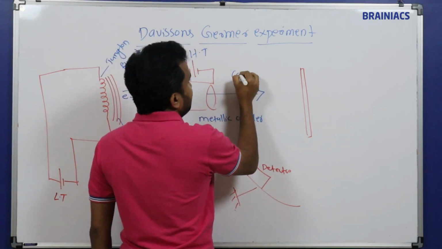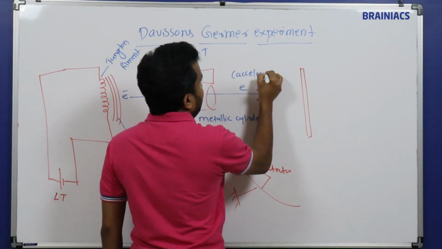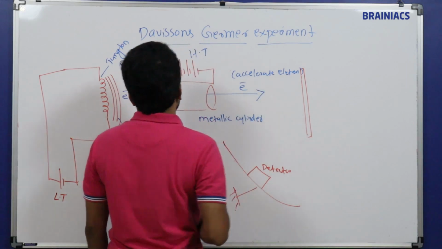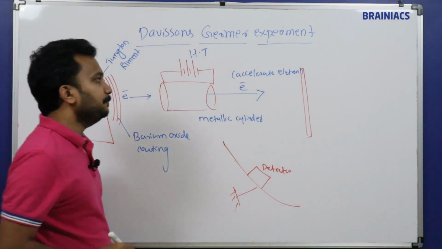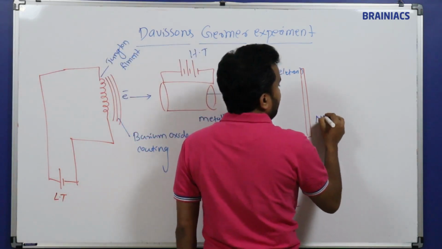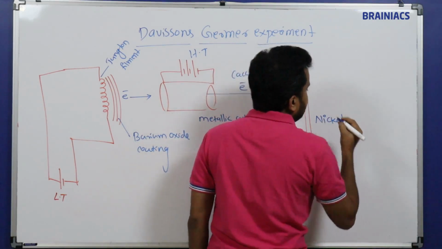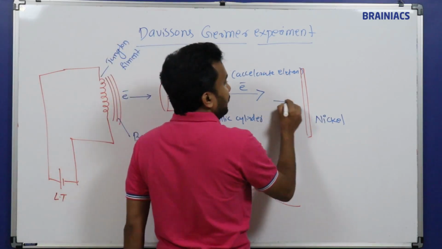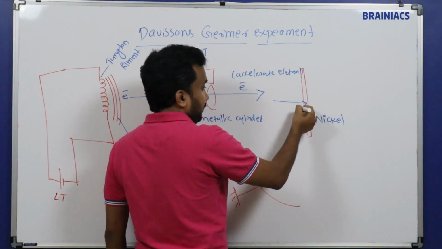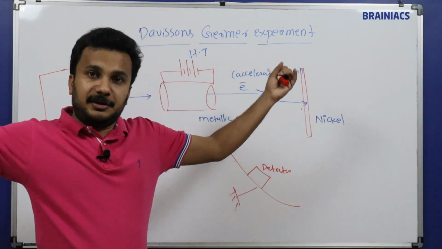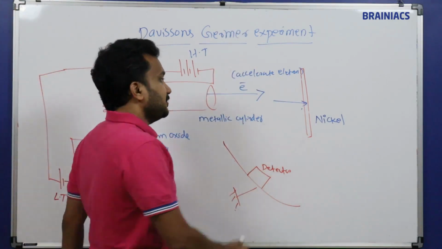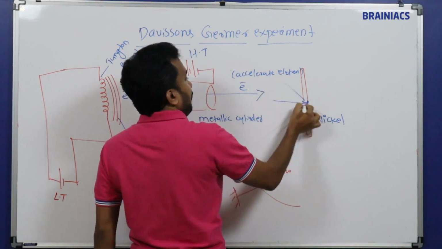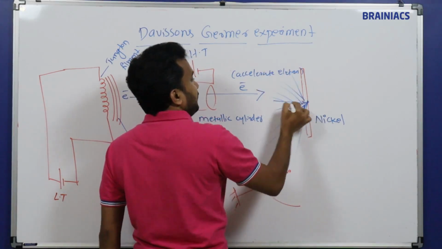So I can say these are accelerated electrons. These accelerated electrons will move over here, and this is a nickel metal, a nickel crystal. This is the arrangement. What will happen? These electrons will hit over here, and after reflection they will scatter in all directions, right? Suppose I am assuming these electrons are scattering to all sides.